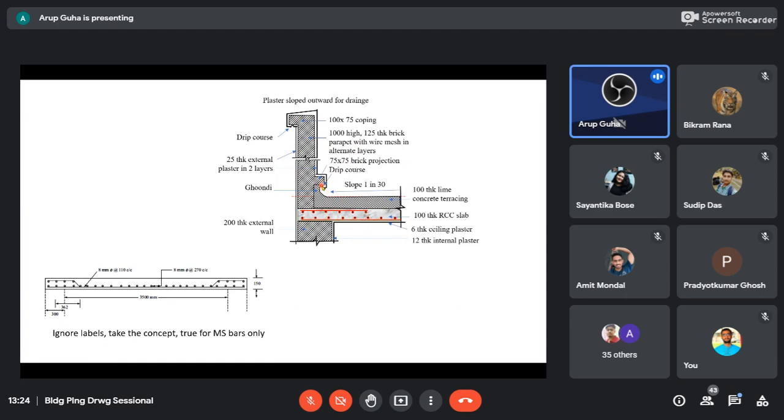So এখানে যদি crack হয়েও থাকে, water cannot go inside. And এখানে slope থাকবে. On the roof there will be water holes that will take up the rain waters. তার interval is specified. আজকে আমরা discuss করছি না.